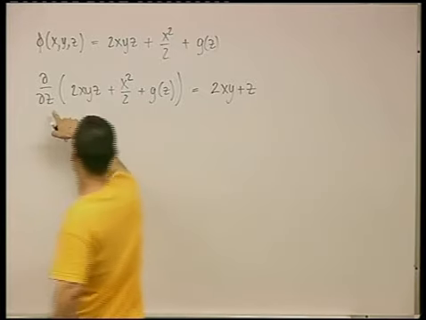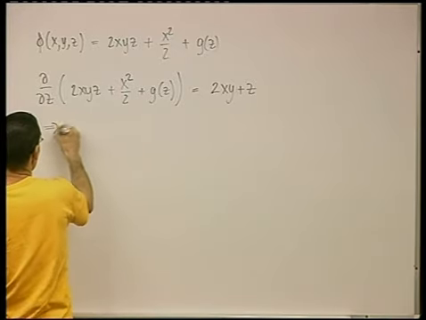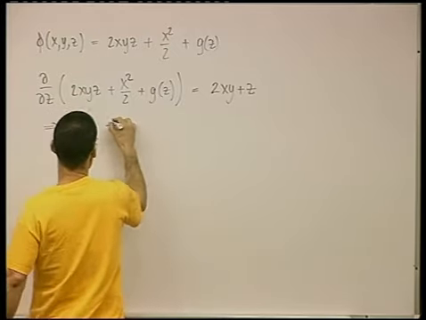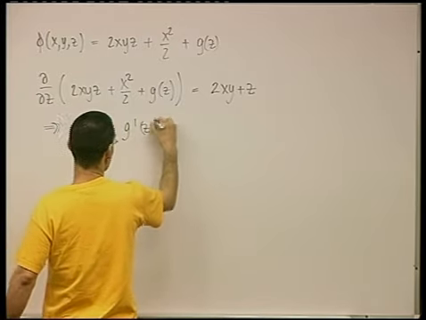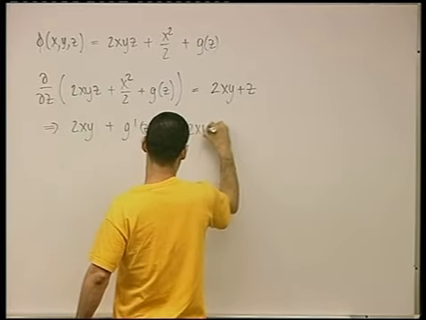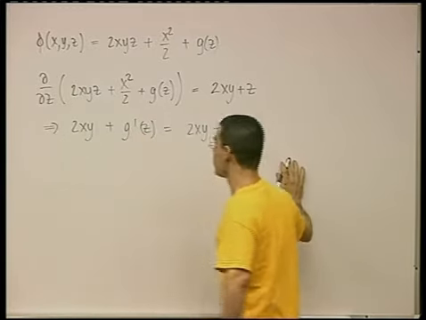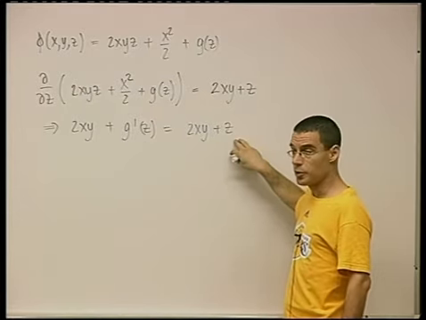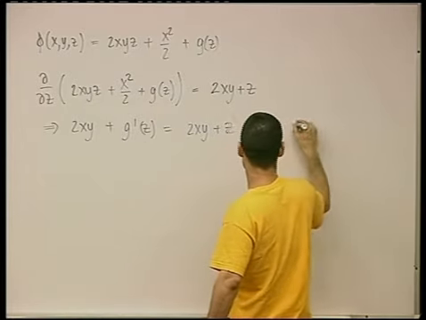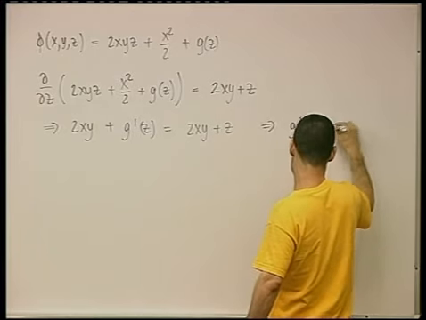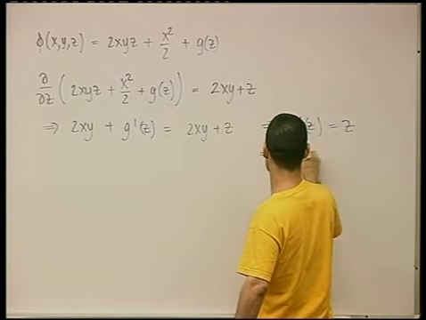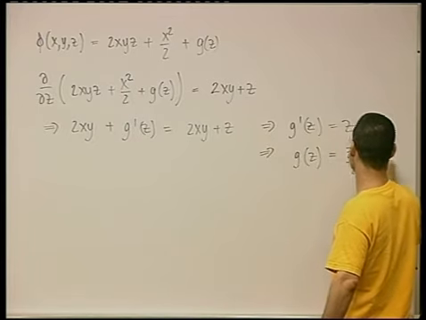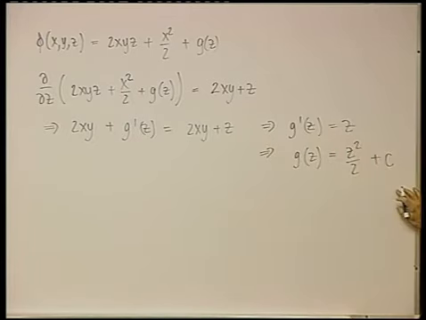And from this it follows that the derivative with respect to z, 2xy plus 0 plus g prime of z, equals 2xy plus z. And again, g prime of z is now z. Therefore, g of z is z squared over 2, and now it's plus a constant.